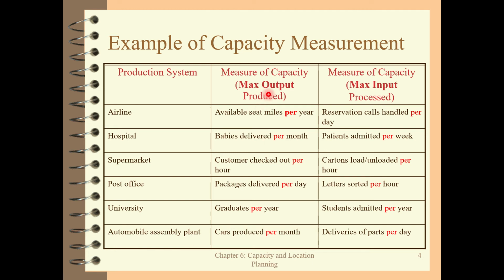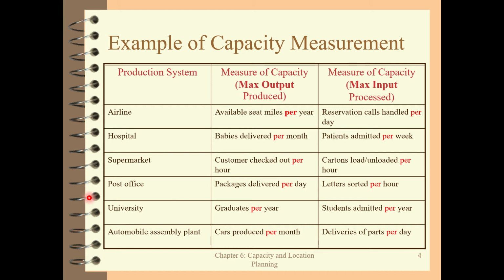If we are talking about the plant, the factory output, the maximum output to be produced is the maximum number of cars produced per month. Okay, you can see per month. Or if you want to measure the capacity in terms of the input, we can look at an index like delivery of parts per day. That is the maximum.